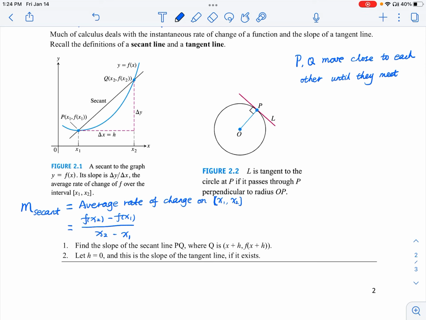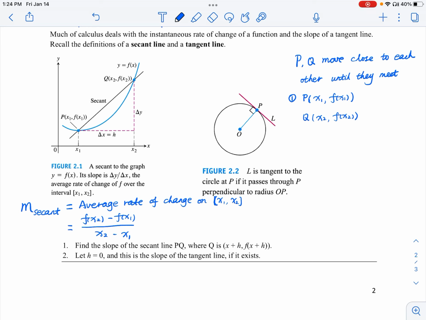We can start from the secant line. So we do 2 steps. First step, you consider P and Q are 2 separated points. So P, we have x1, f(x1), and Q, we use x2, f(x2). Or we can write it differently, since we want those 2 points come very close to each other.